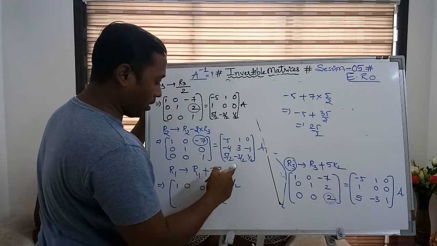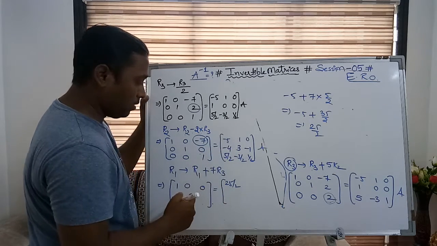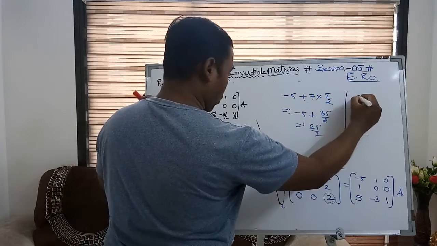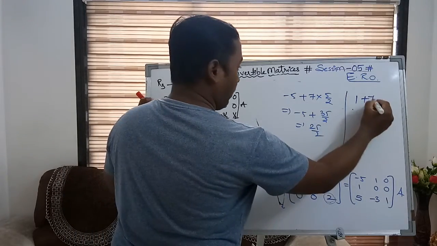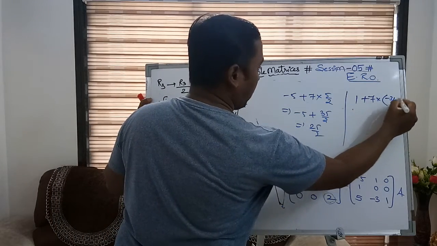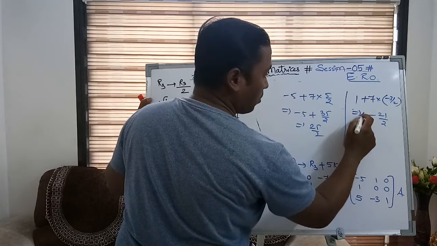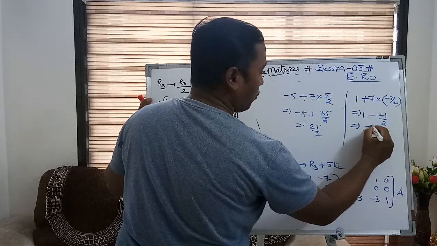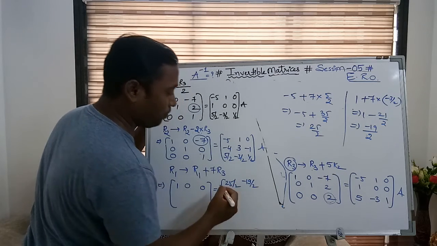Similarly here if I apply the same, R1 plus 7 times R3. The R1 element is 1 plus 7 times the R3 element, which is minus 3 by 2. So 1 minus 21 by 2. 2 is the LCM, it would be minus 19. So it is minus 19 by 2.